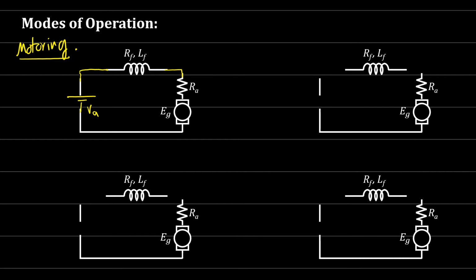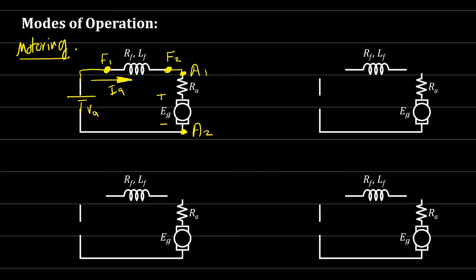Now you'll find that IA and IF have the same current. Let's say this is F1 and this is F2, here we have A1 and A2. Okay, and this is the field current, or IA. The armature current will be the same at this point.